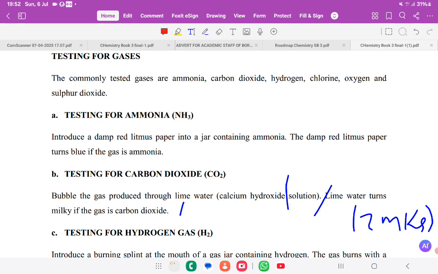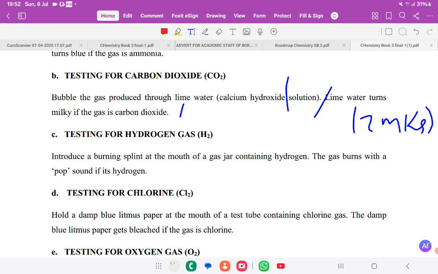Another gas that is of interest is hydrogen gas. In order to test for hydrogen gas, all you have to do is introduce a burning splint. A burning splint is like a matchstick.